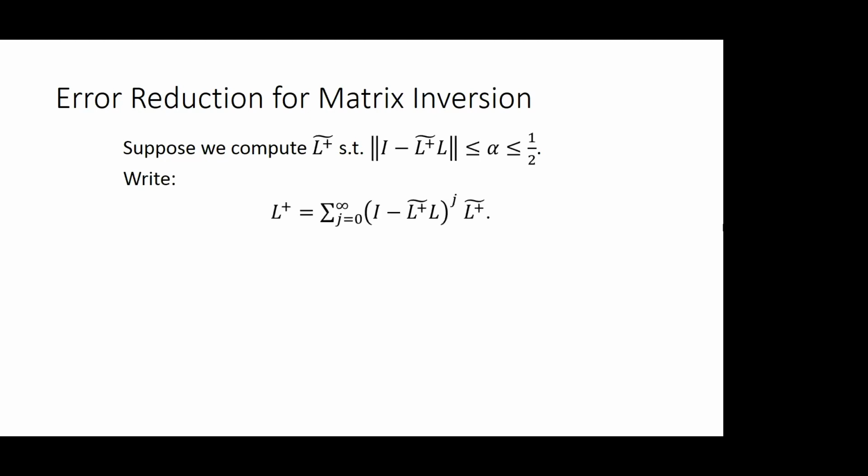So then we can expand L pseudo inverse as a sum where each term in the sum has the power of I minus L pseudo inverse tilde times L in it, times L pseudo inverse tilde.